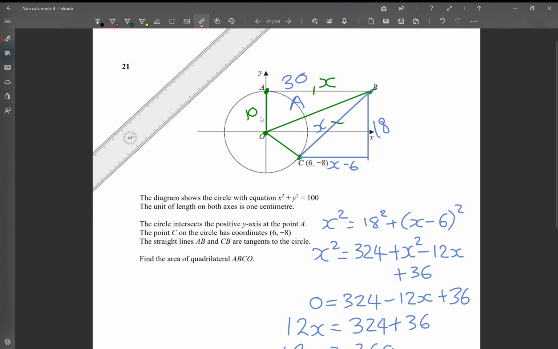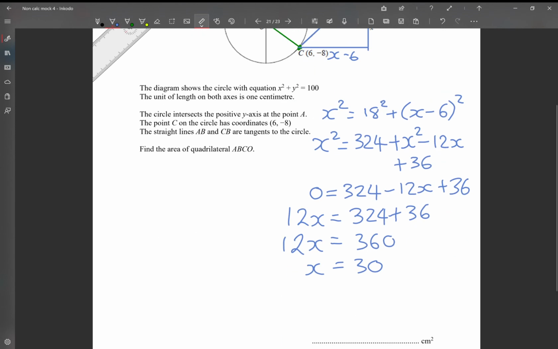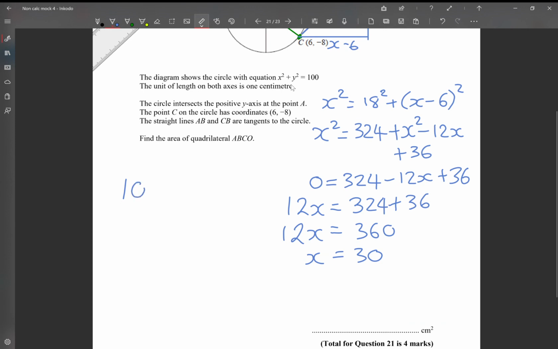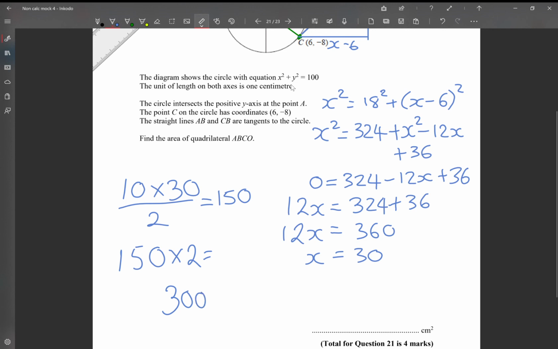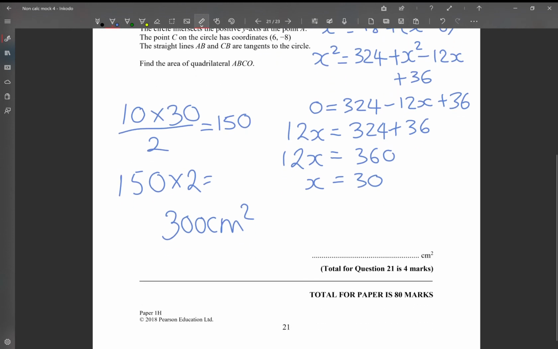So it's just 10 times 30 divided by 2, which is 150, and then there are 2 of them, so 150 times 2 is 300. It says that it's 1 centimetre, so centimetres squared. You put that straight in the answer there.